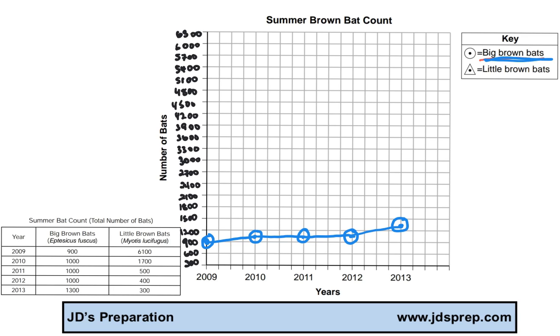And let's follow a similar procedure for little brown bats, which we're going to use triangles for. But first, let's plot the points. In 2009, there were 6,100 little brown bats counted. In 2010, there were 1,700 little brown bats counted. In 2011, there were 500 little brown bats.